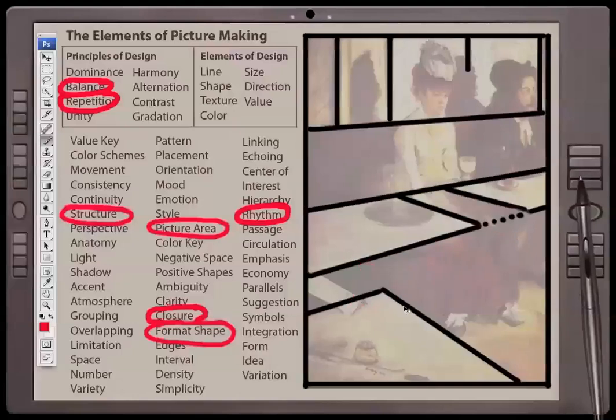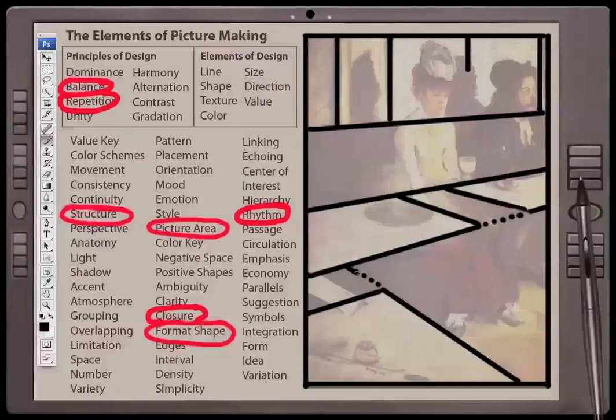This line here continues. The brain actually, as I said, continues the line, and you get the feeling that there's more to this line than the line stopping here. You get the feeling that it continues over.